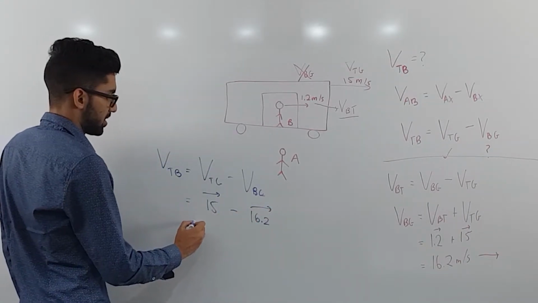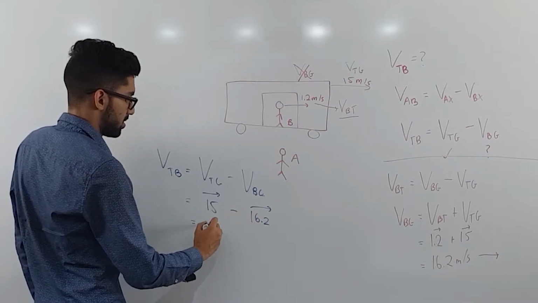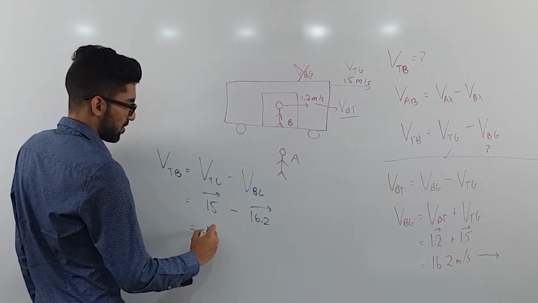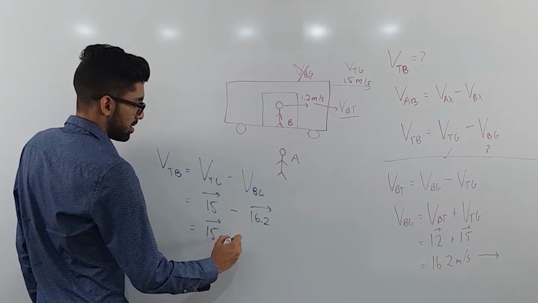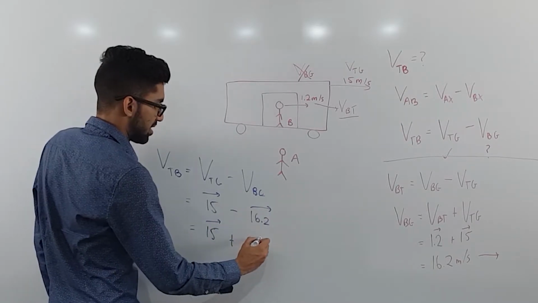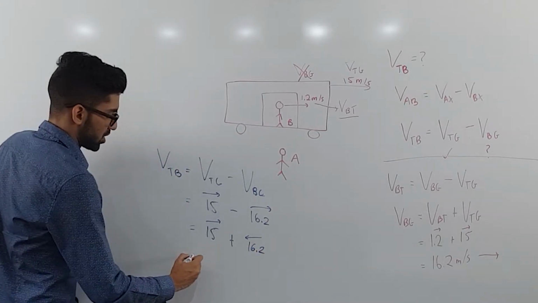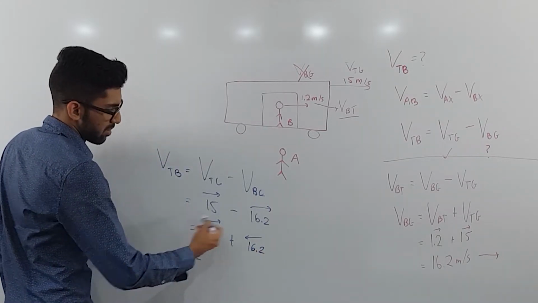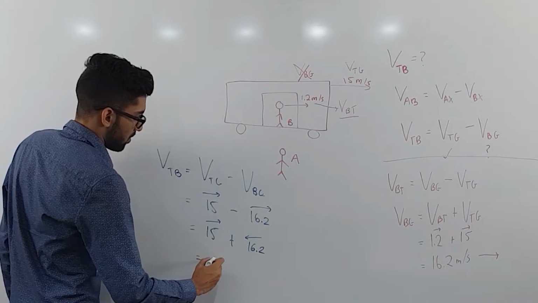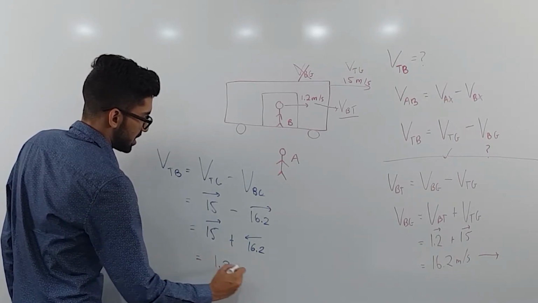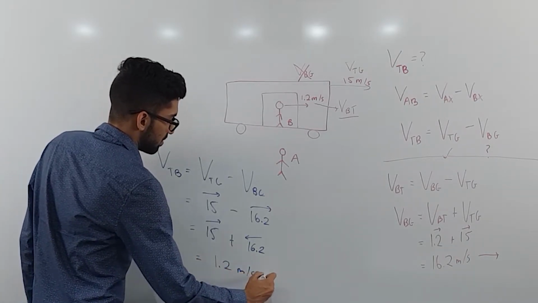Now, to subtract this, we're going to flip this vector around. So we have 15 to the right plus, and we flip this arrow, 16.2 to the left, which gives us a net answer by vector addition of 1.2 meters per second to the left.